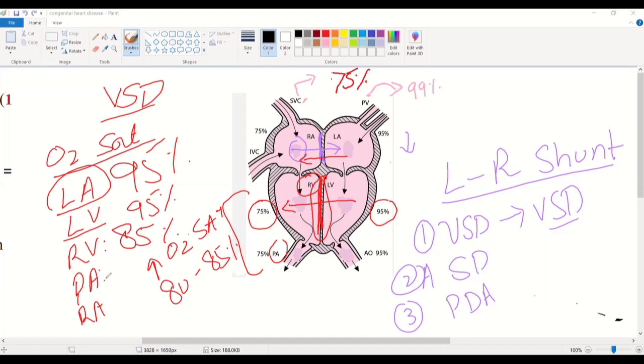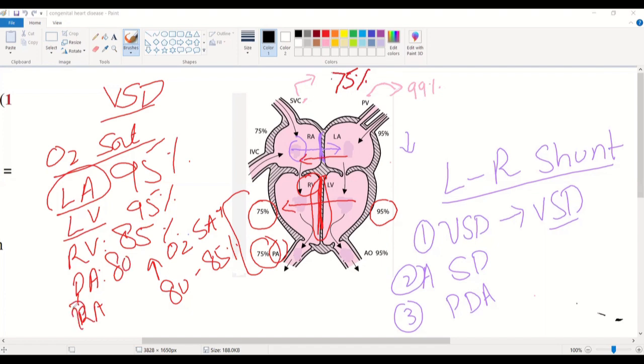What happened to the pulmonary artery? Normally the pulmonary artery's oxygen saturation is 75%. But what about in case of the ventricular septal defect? Increase. It's more than 75%, maybe 80 or 85%.